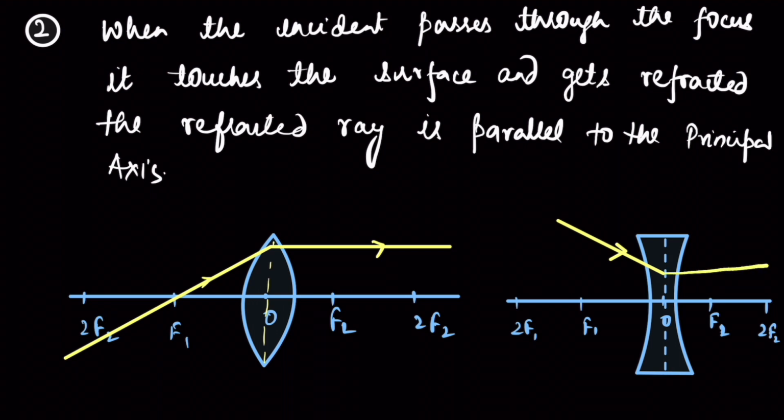Then it becomes parallel to the principal axis. So this is our rule number 2.